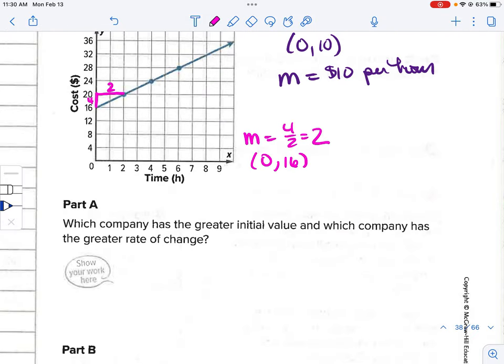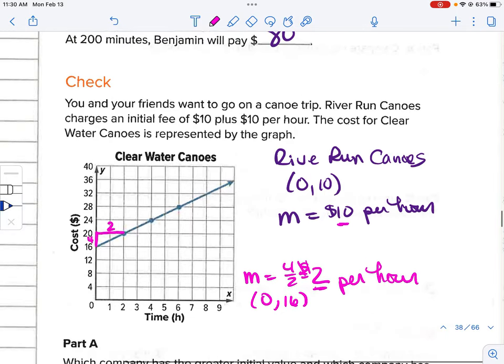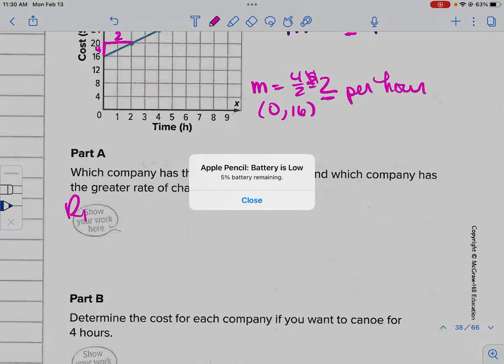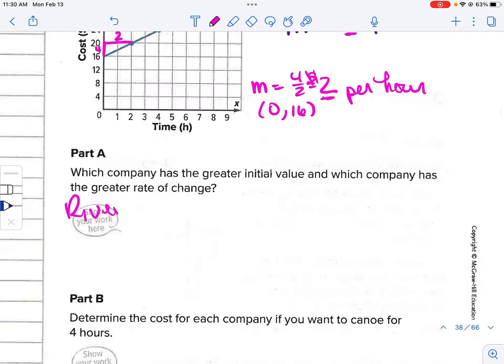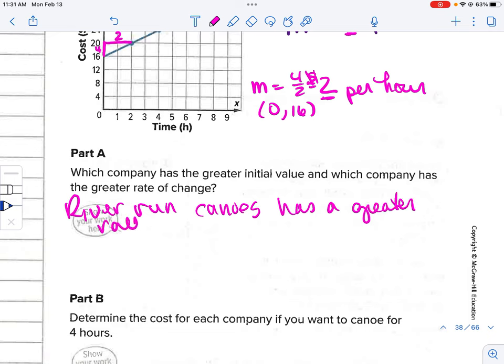Okay, so let's look at this. Compare. Which one has the bigger rate of change? I'm looking at my rates of change. I should have put per hour. That would have been smart. So, River Run Canoes has a greater rate of change.